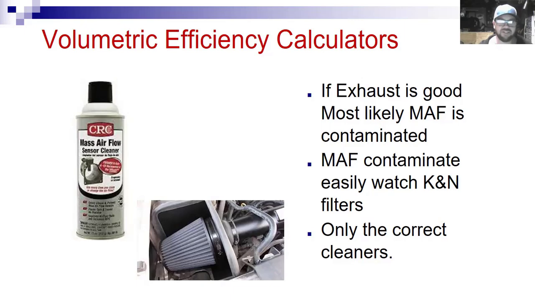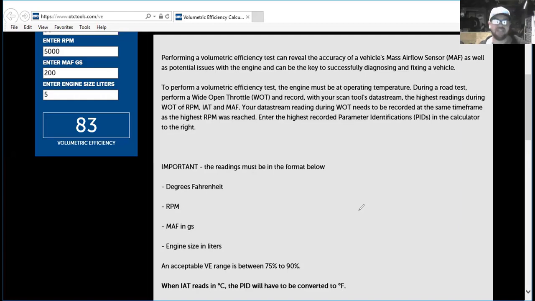So a way for me to figure that out is to use that volumetric efficiency calculator, knowing that if the engine is mechanically sound, its VE should calculate right. If it doesn't calculate right and it doesn't have a restricted exhaust and everything else with the engine looks pretty good, then the most likely cause is that my volumetric efficiency numbers are going to come out low because the mass airflow sensor is not giving us the right information.